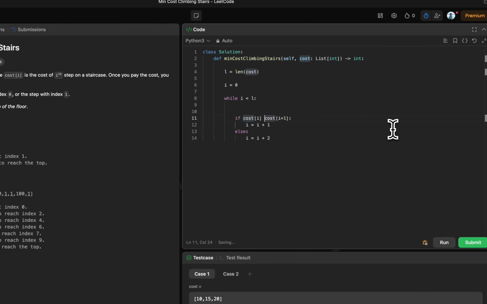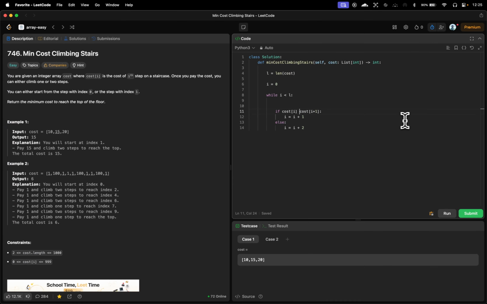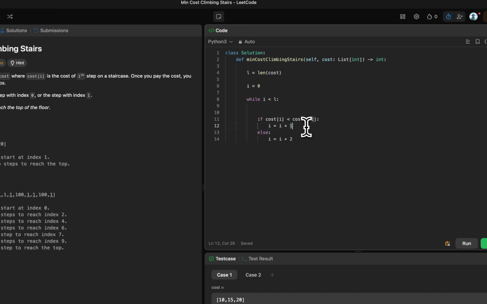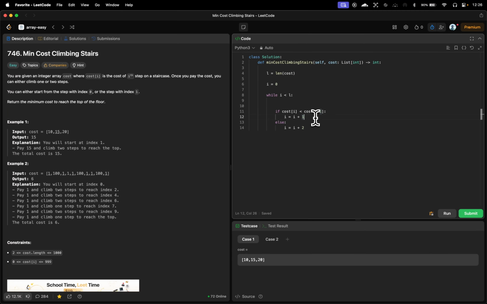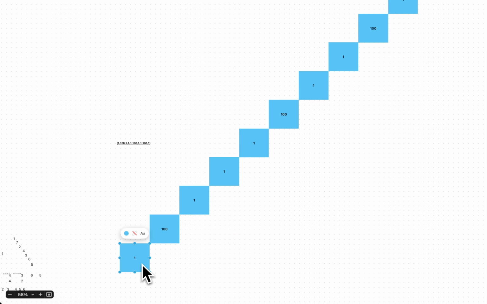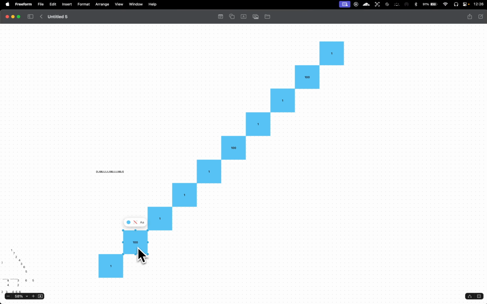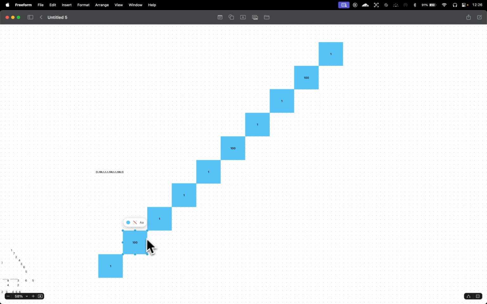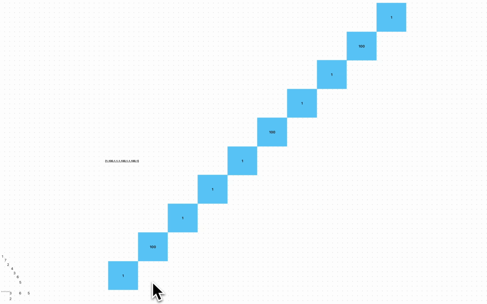If cost of i plus 1 is greater than the ith one, then go with i plus 1. No, sorry. Wherever I am, if i is 0, that does not mean I'm out of the box. I still am here only, no? I need to choose, should I go to here or should I go to here? Then if I'm on this, I need to choose. And then I need to choose, should I go here, or wait a second. Anyways, I'm here, no?